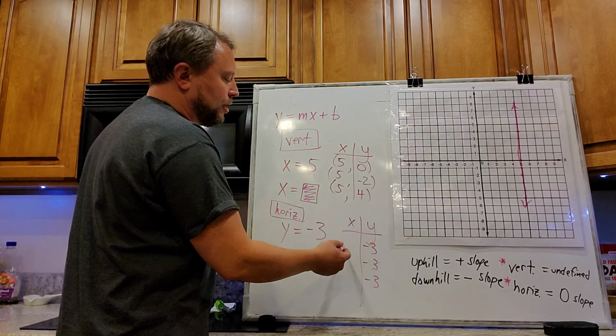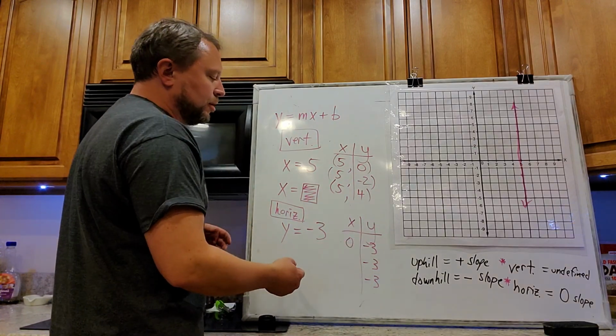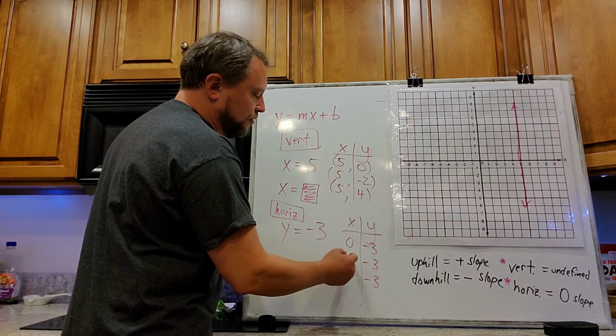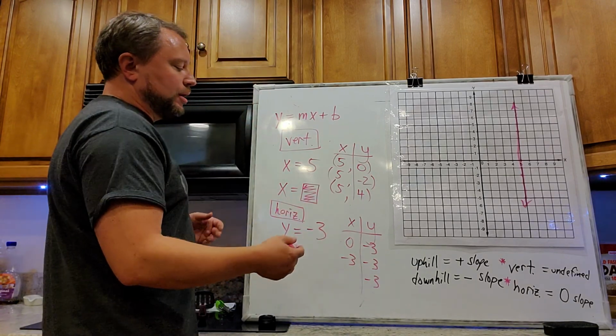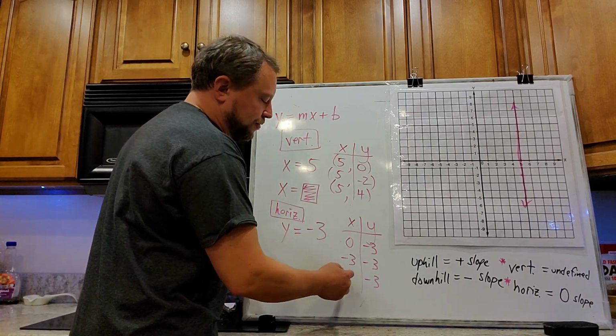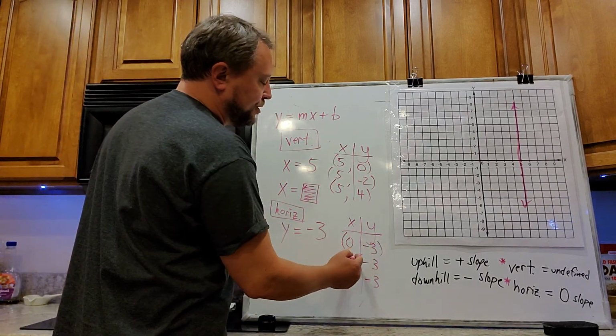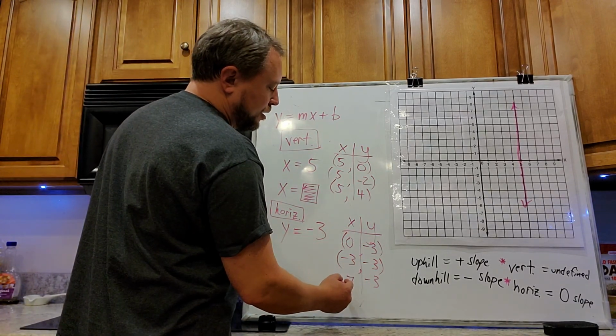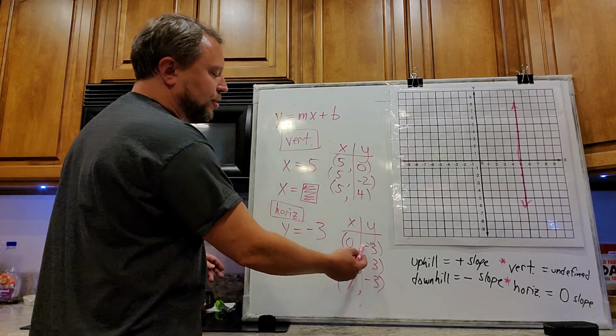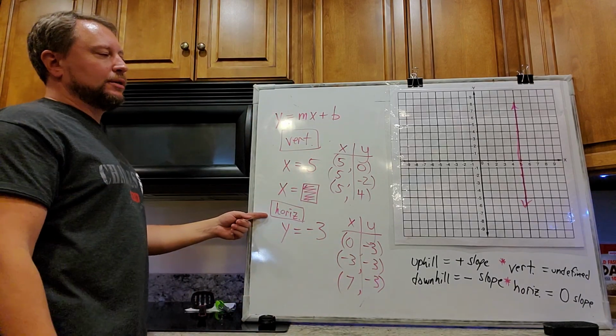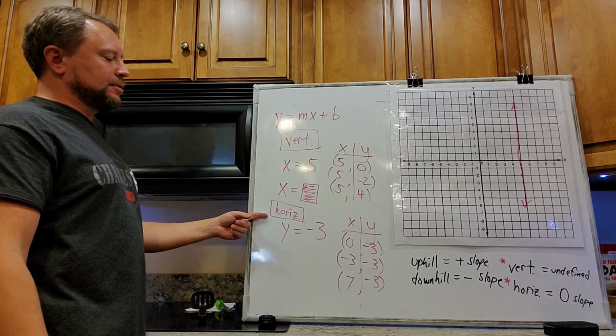Again, you could pick, like I did up here, like a 0 and maybe a -3 and maybe a +7, you know, something like that. You know, plot these points, and I think you're going to find as we graph these that we're going to get a nice horizontal line this time.